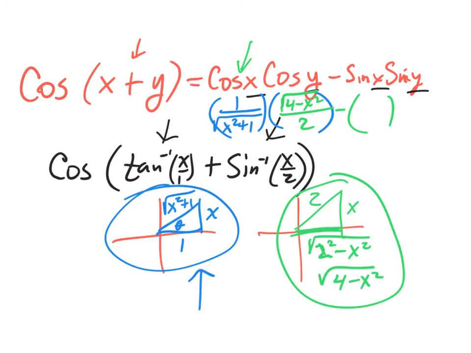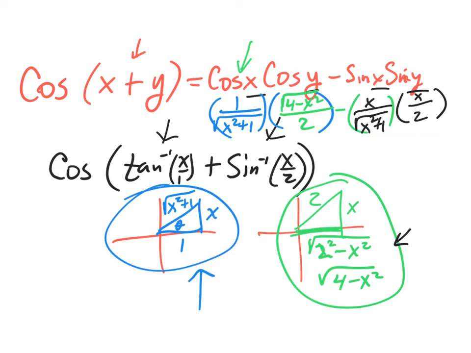Okay, so sine in that triangle, sine is opposite over hypotenuse, x over hypotenuse, square root of x squared plus 1. And last but not least, sine of y, the y being this other angle over here now. So sine is opposite over hypotenuse, so x over 2.